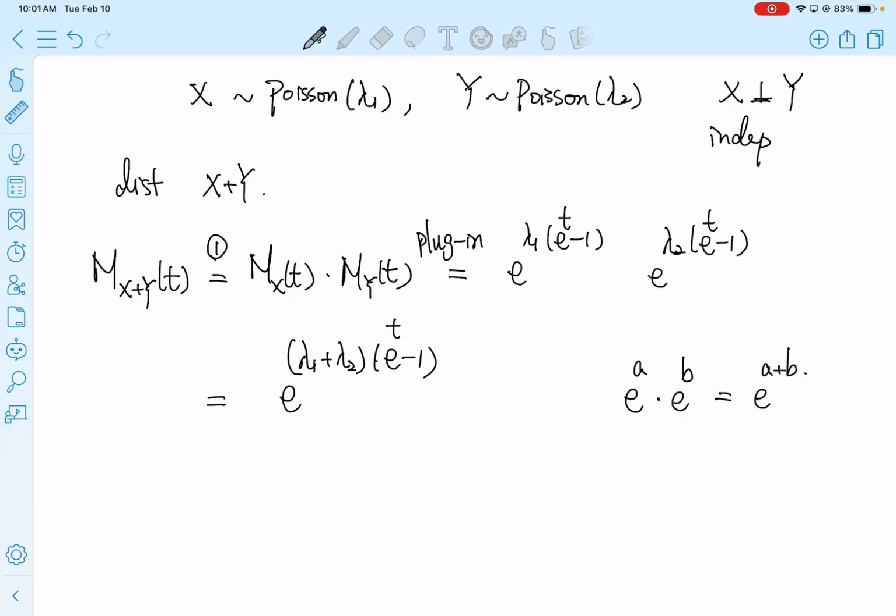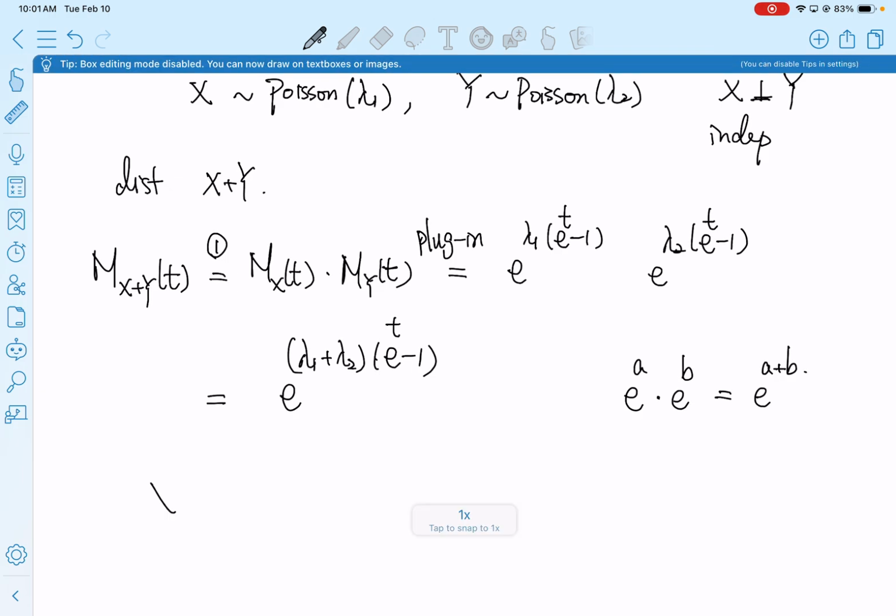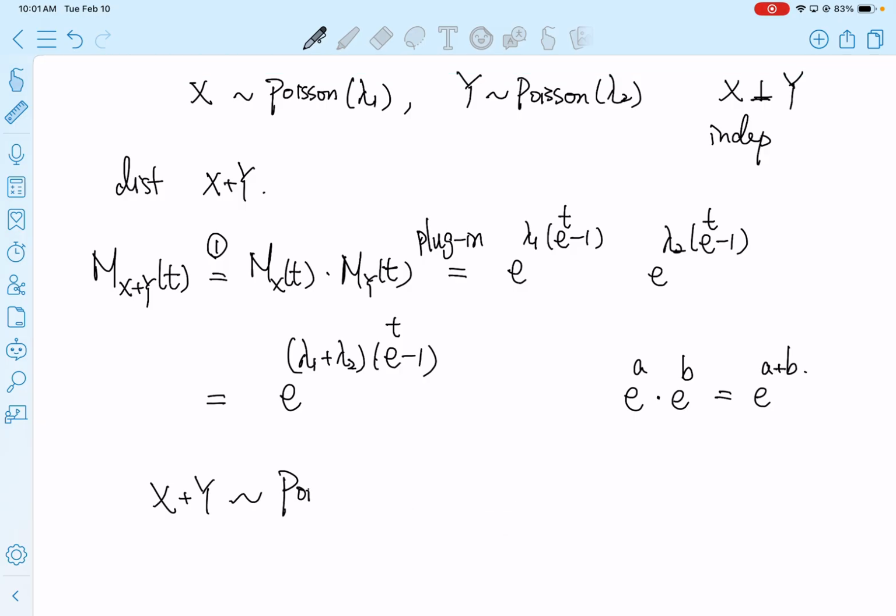And by looking at these two, in terms of structure, they look very similar, except that you have a different value for lambda. So then we can claim that the distribution of X plus Y also follows a Poisson distribution, but with a new parameter, which is lambda 1 plus lambda 2. Okay. So this is due to the uniqueness theorem.